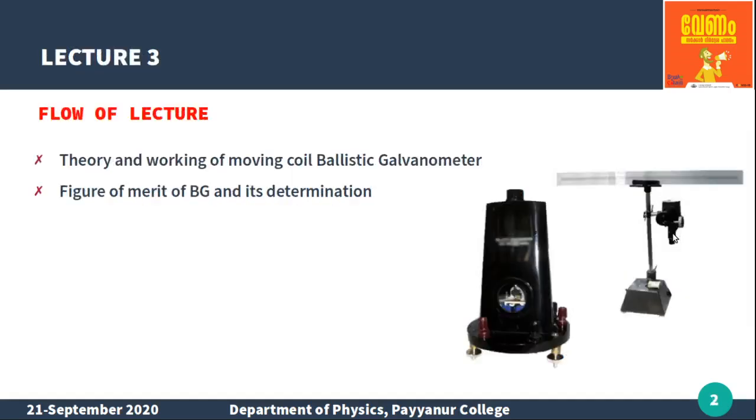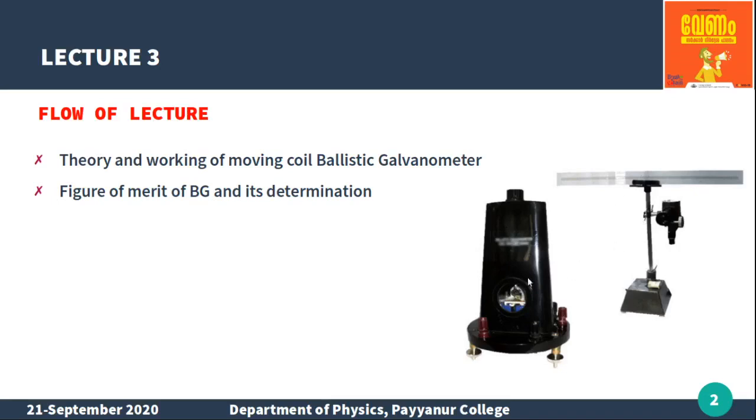What we did is we placed this setup in front of this one, so that when light falls on this mirror, first, when you are not sending the current, it will coincide with 0. When you send the current and it starts twisting, what is twisting? Our suspension wire is twisting and the coil is moving. At that time this mirror will also get deflected.